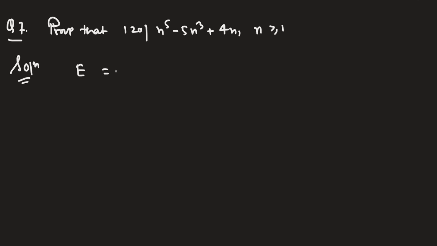So now we take this expression n^5 - 5n^3 + 4n as E. Take n common, so it will be n(n^4 - 5n^2 + 4).